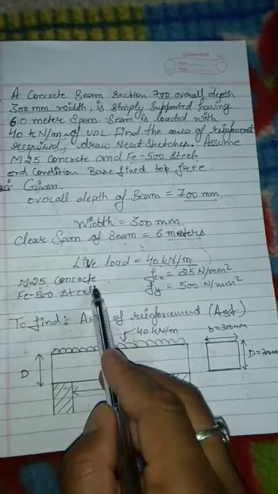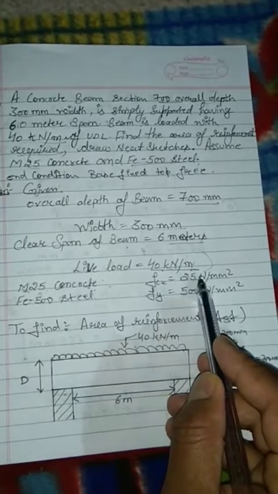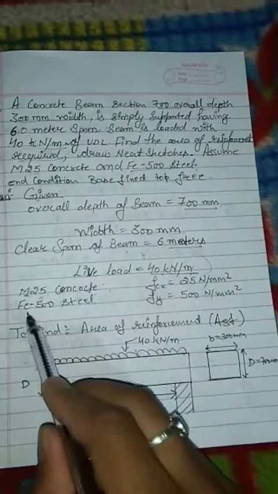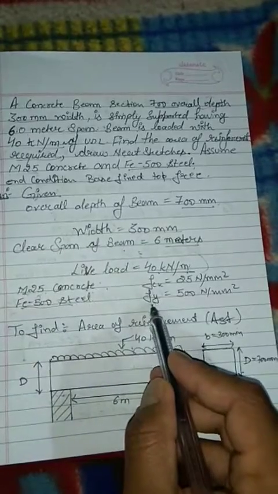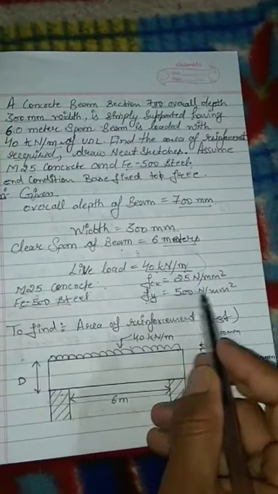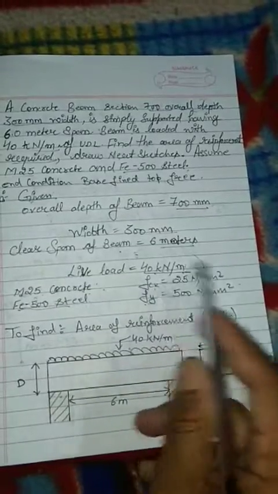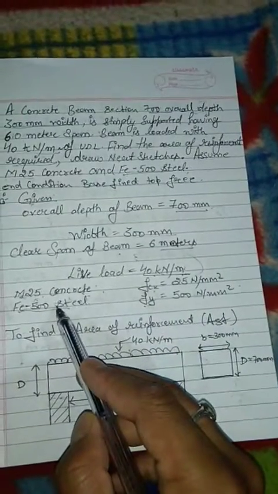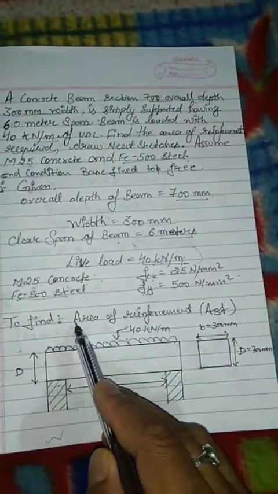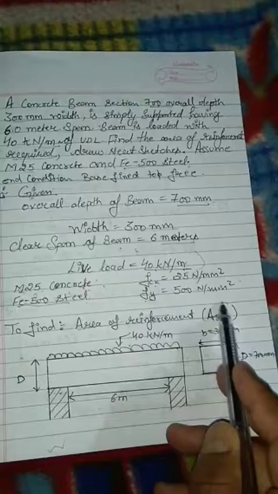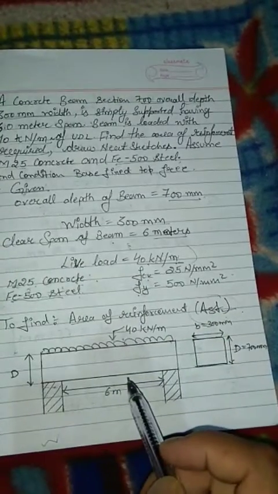M25 is the concrete, so we have fck 25 newton per mm square, and Fe500 steel has a yield stress of 500 newton per mm square. These are the characteristic values for concrete as well as steel. What we need to find is the area of the reinforcement, represented by Ast. I hope the problem is now clear.